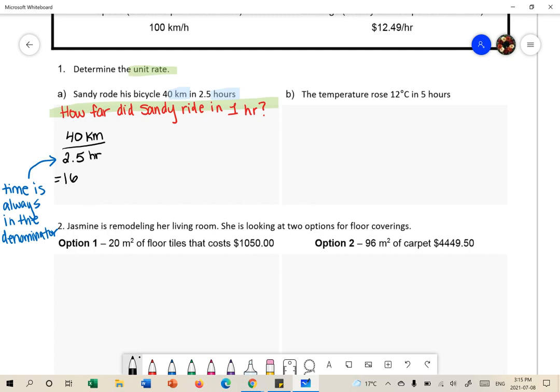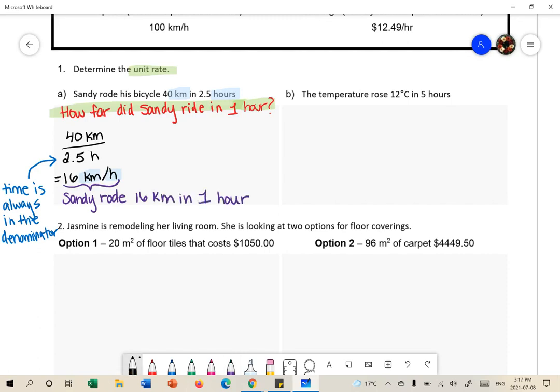I wrote my kilometers in my numerator and then my hours in my denominator. So kilometers per hour. Instead of writing my units in a vertical fraction like they are up here, one on top of the other, they're now beside each other, but in the same order. First my numerator and then my denominator. Sandy rode 16 kilometers in 1 hour.